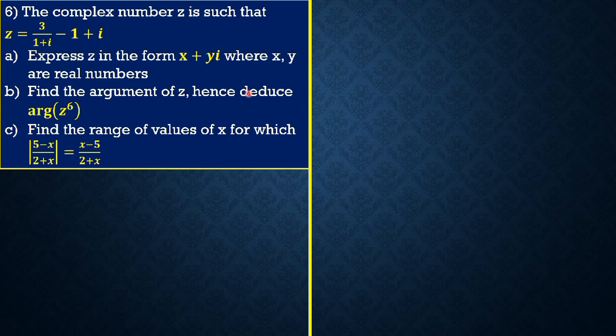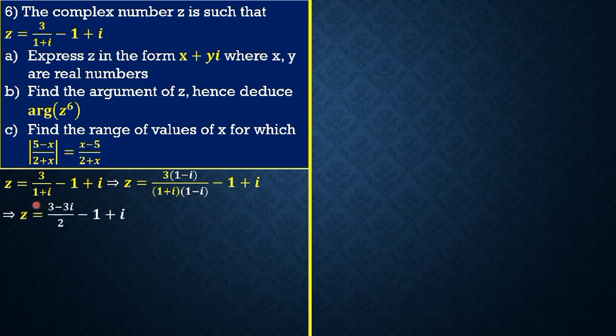Alright, so, guys, let's start with the complex number of that. So all we have to do now, since this other part, guys, is already of this form, right? So we have to work with this other part, that is a fraction. We multiply top and bottom by the conjugate of bottom, which is 1 minus i. So we're going to have 3 into 1 minus i over 1 plus i into 1 minus i, minus 1 plus i. Simplifying the bottom and the top, we have 3 minus 3i over 2 minus 1 plus i.